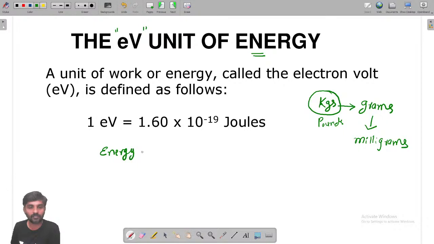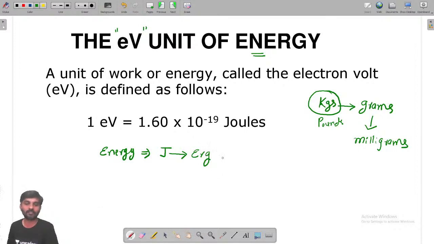The energy unit is joules. Let's say we are trying to measure something which is less than a joule. There is something called erg.